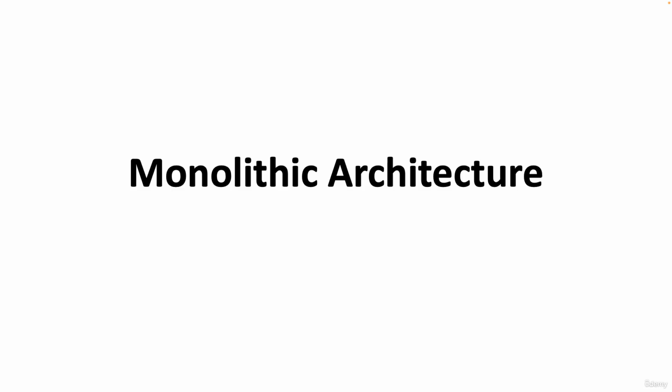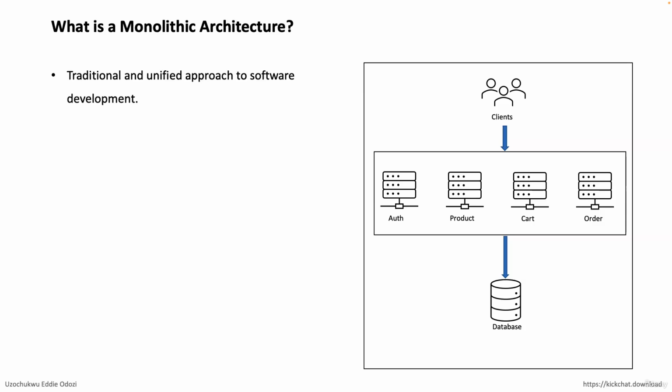Now, what is a monolithic architecture? It's a traditional and unified approach to software development. Like I said, it's the oldest form of software development architecture, and it's traditional and it's mostly used even up to this day. There are applications that are best suited being built with a monolithic architecture compared to microservices architecture.